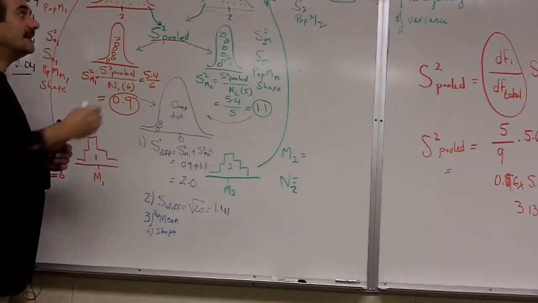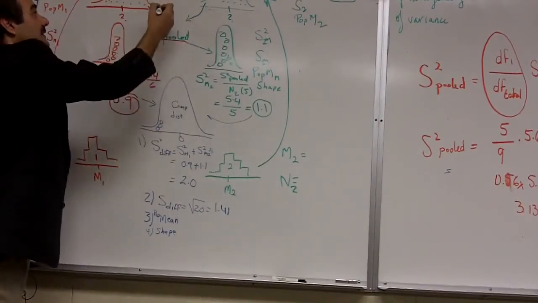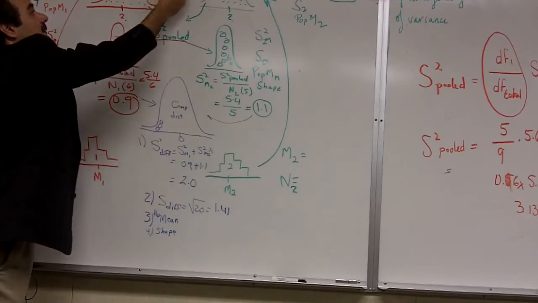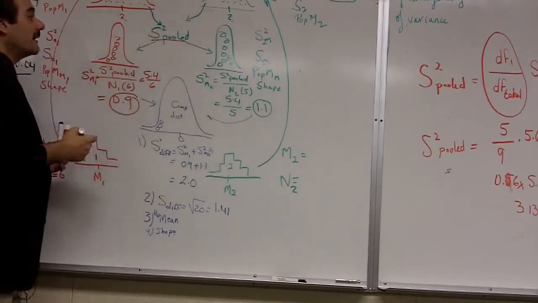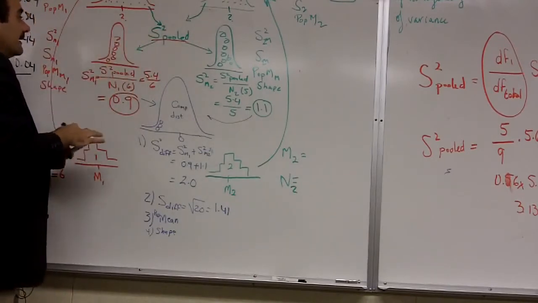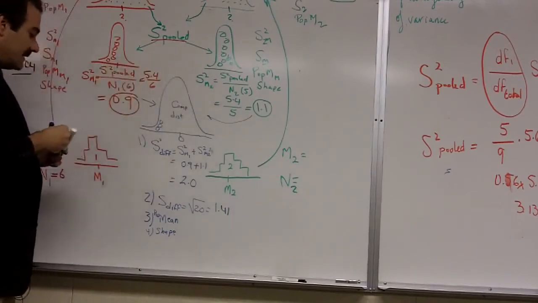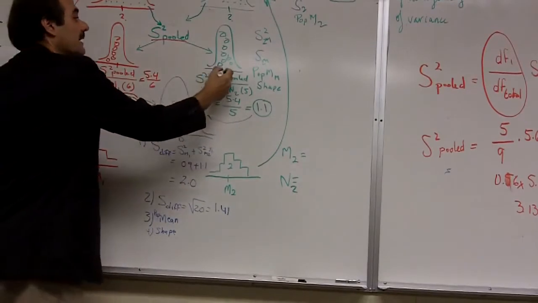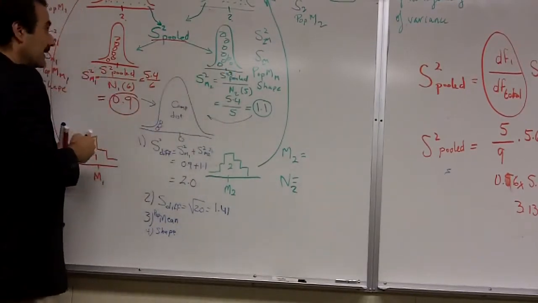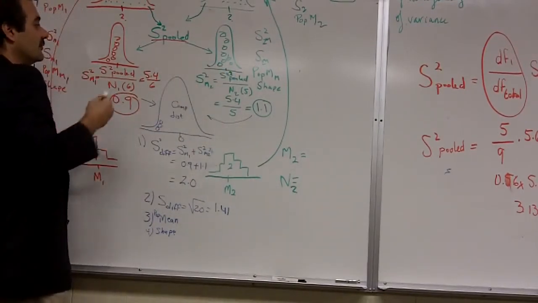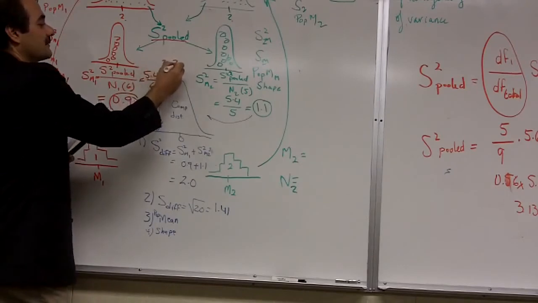So question mark equals question mark, although we don't know what they are. Similarly, this will have a mean of a question mark too, and they are going to be equal. So question mark 2 equals question mark 2.